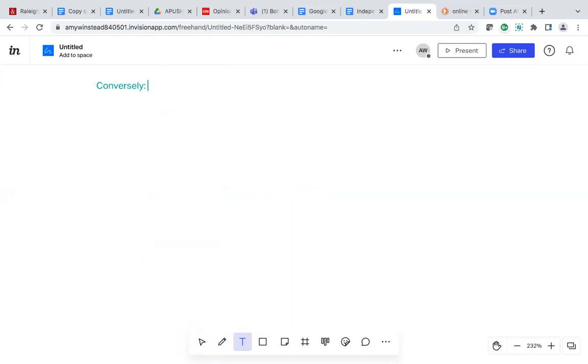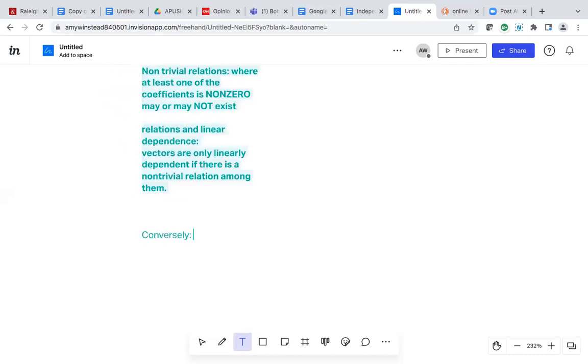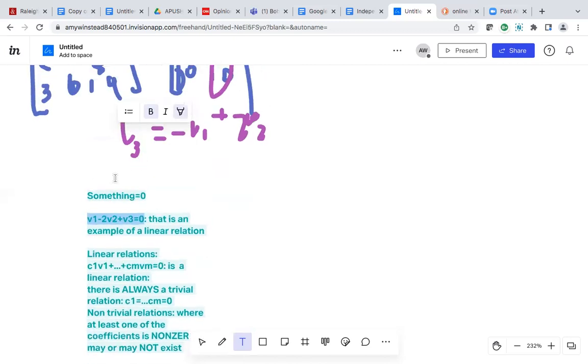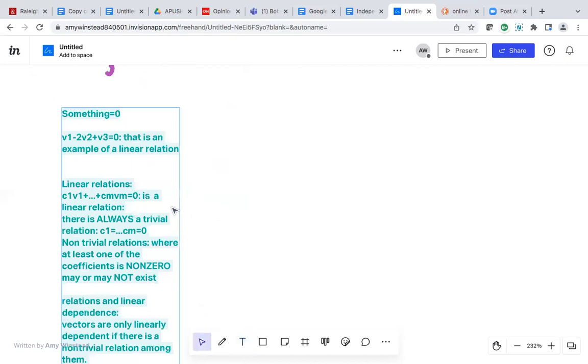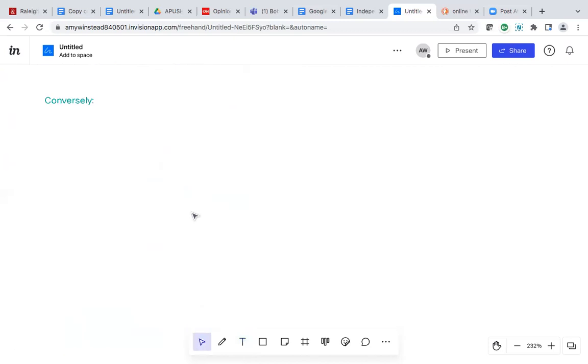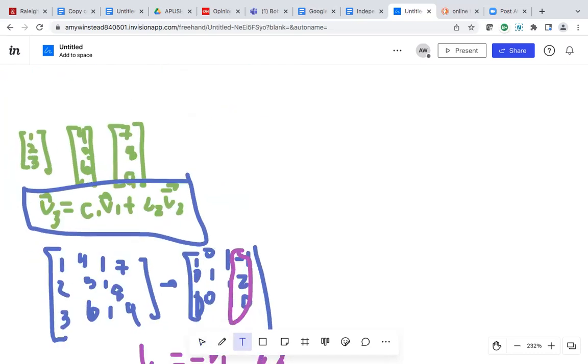In other words, we can go backwards, right? So we can take something like this, and we can go back to this. So you can move from here to here or from here to here, right? Which is pretty straightforward, just use your common sense there.